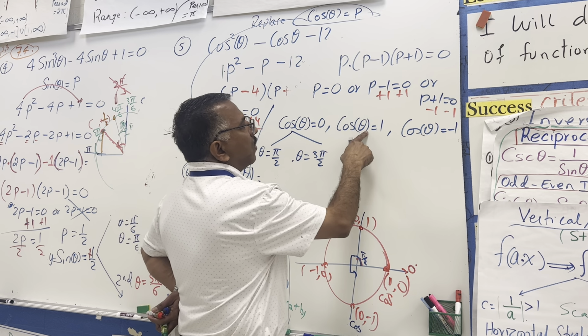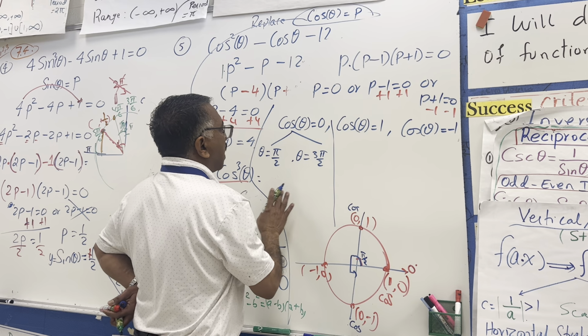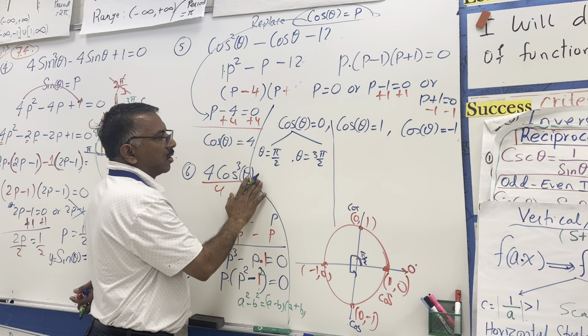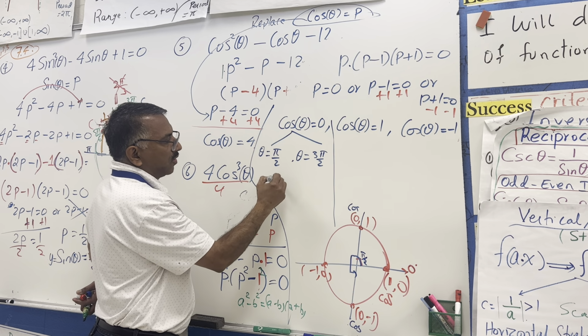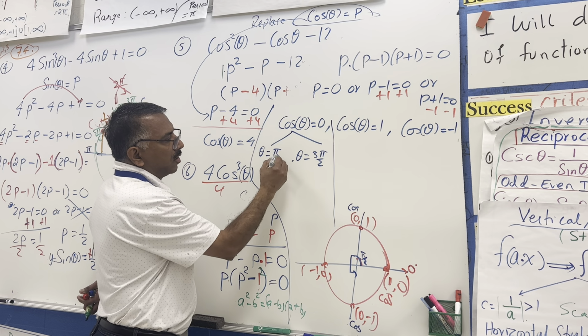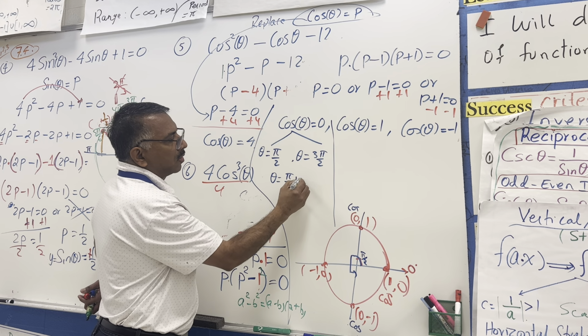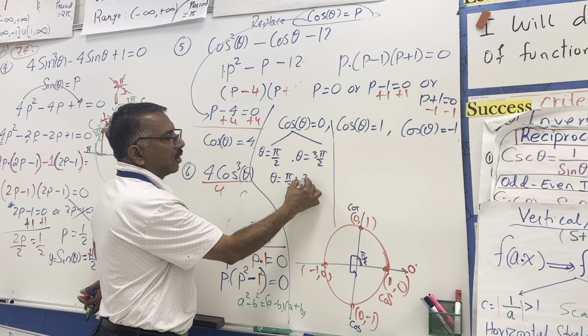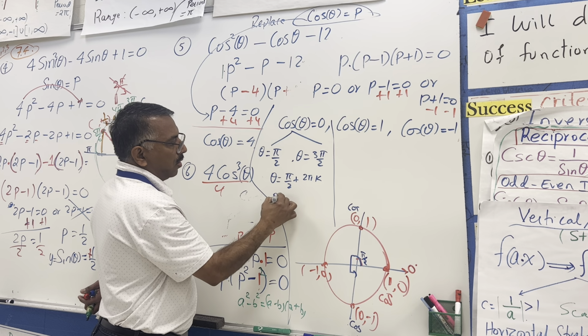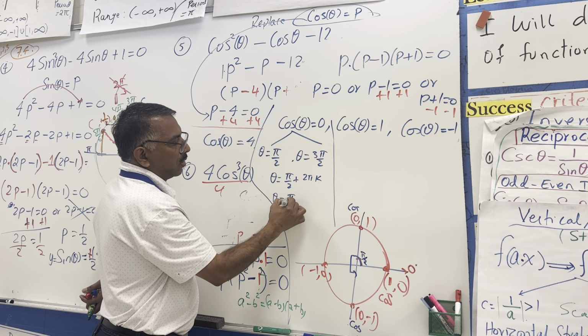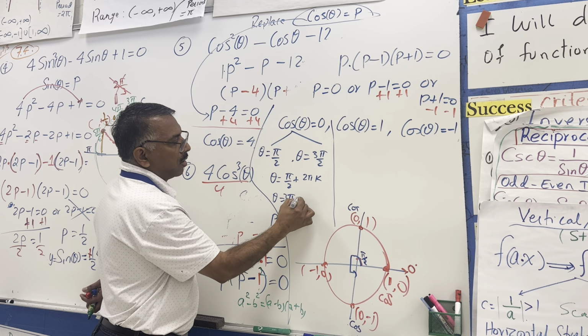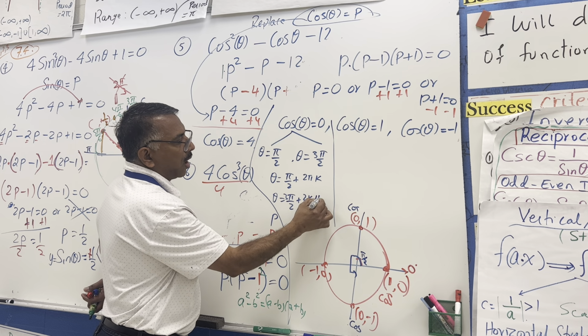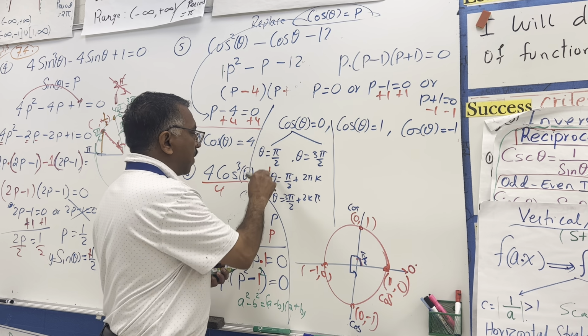So your first answer is theta equals pi by 2 plus 2 pi k, and also 3 pi by 2 plus 2k pi, because the period is 2 pi. This is one of the sets.